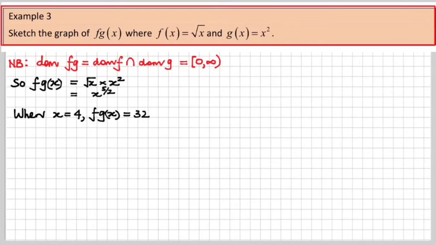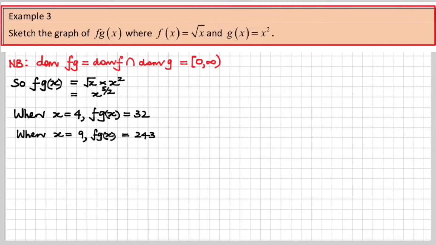So let's pick a couple of values and see if we can work out what's going on. When x is 4, if you work that out, square root of 4 is 2, 2 to the 5 is 32. Good. Now when x is 9, it's getting really crazy. I've picked 9 because it's got a nice even square root, being 3, and 3 to the 5 is 243.